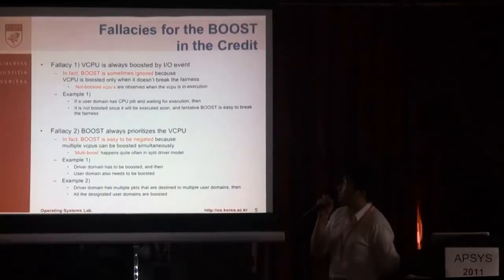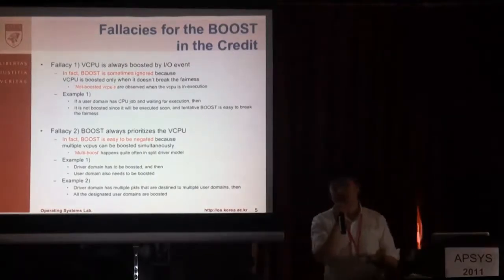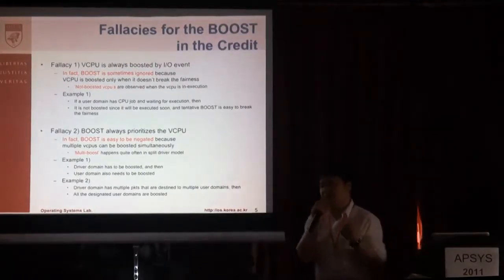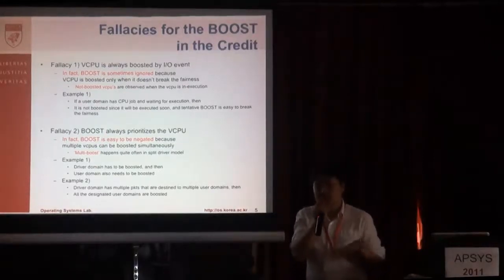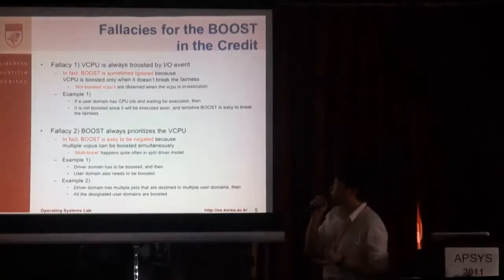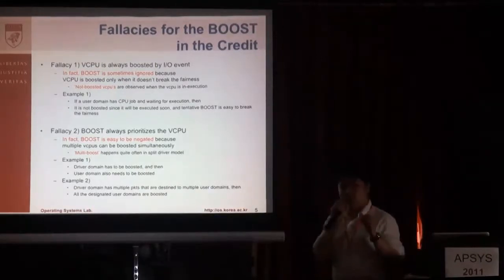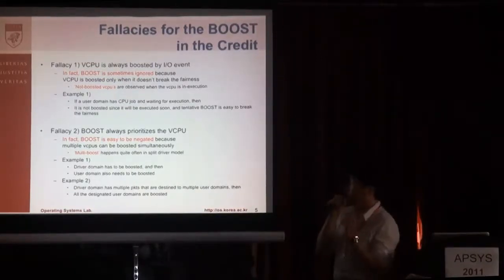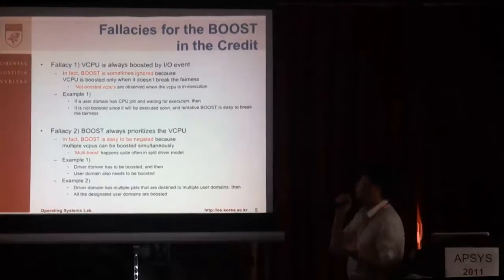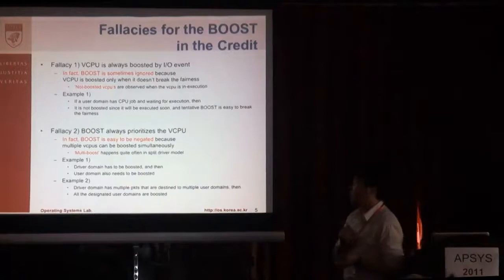For example, consider the situation when a user domain has CPU jobs waiting for execution and takes an I/O event. It should be boosted as prescribed. However, it doesn't, because the scheduler primarily focuses on fairness. It waits for a short amount of time and will be executed soon, and tentative boosting easily breaks fairness, so the vCPU is not boosted.